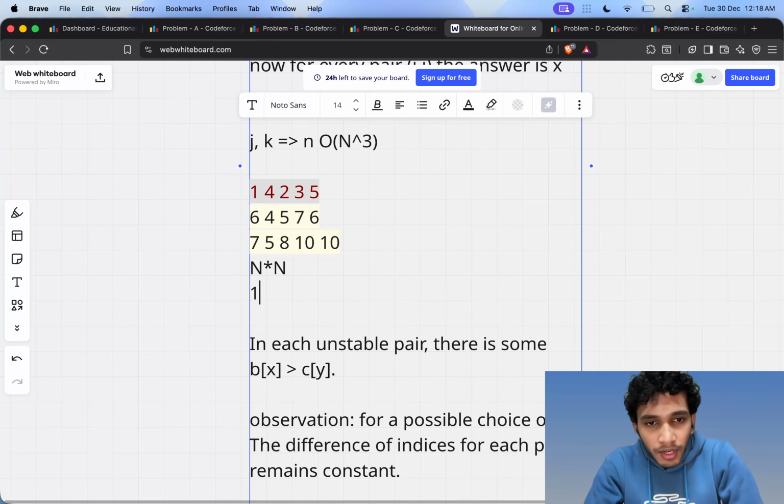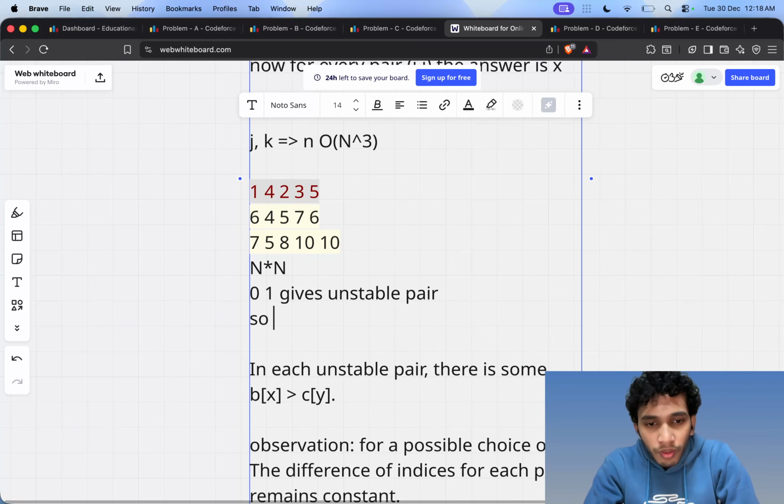Because index 1 and 2, in zero-based indexing 0 and 1, give an unstable pair, every jk which has difference 1 will be unstable.